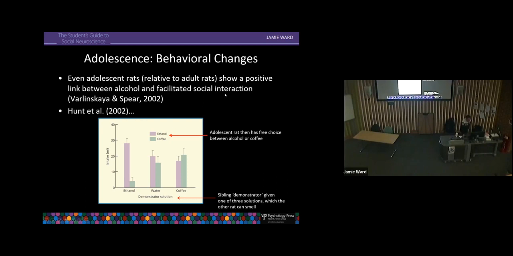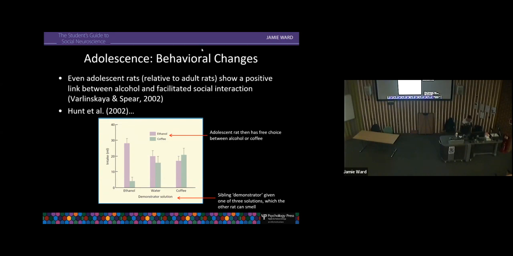So what you've got here is an adolescent rat, basically, who has a peer come in, and the peer's breath either smells of alcohol, smells of coffee, or smells of nothing. Okay, and then the rat can choose whether it wants to drink alcohol or coffee.